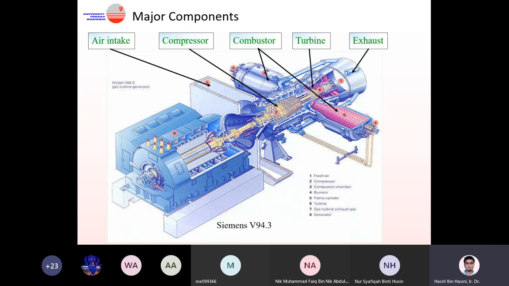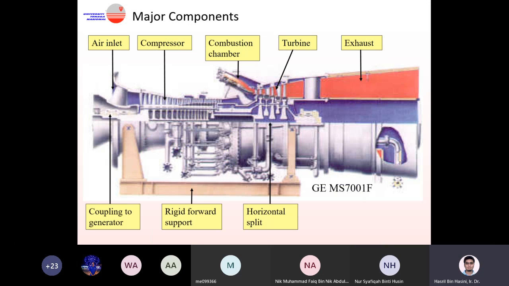And then we have a compressor. We have a combustor for the combustion to happen. You have a turbine, and at the end you have the exhaust ducting. So these are the typical major components that we usually maintain in the operation of a gas turbine power plant.